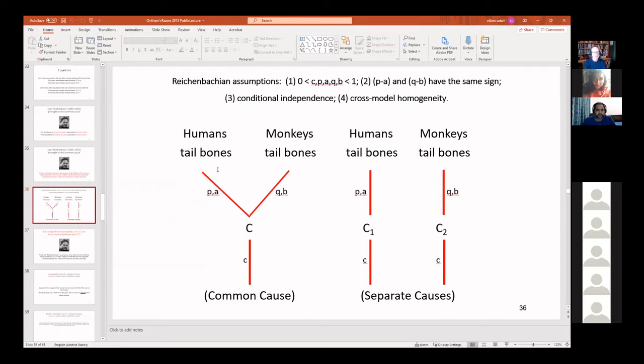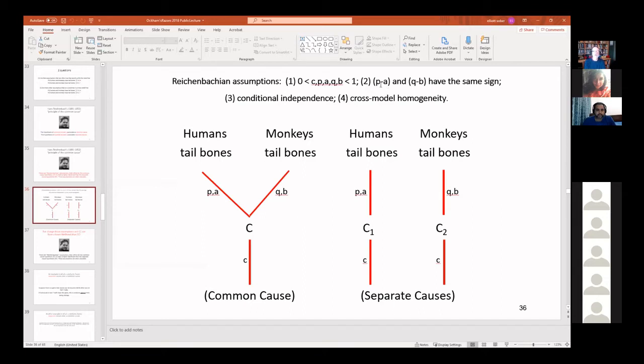A is the probability that humans would have a tailbone if the ancestor did not have a tailbone. And similarly, Q is the probability that monkeys have a tailbone if the ancestor does. B is the probability that monkeys would have a tailbone if the ancestor does not. Little c is the probability that this ancestor will have a tailbone, and so on. Well, I guess I've covered all the parameters here.